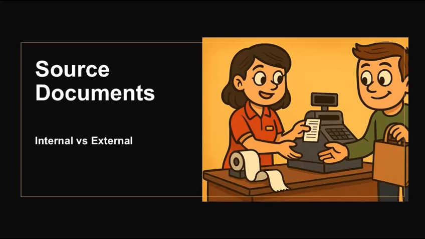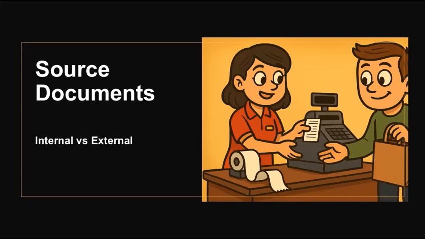For example, a cash register roll printed at the till, a duplicate receipt written in a receipt book by the shop, a petty cash voucher completed by a staff member, or a payment instruction signed by the manager. These documents stay in the business and are used to record transactions that the business is responsible for.